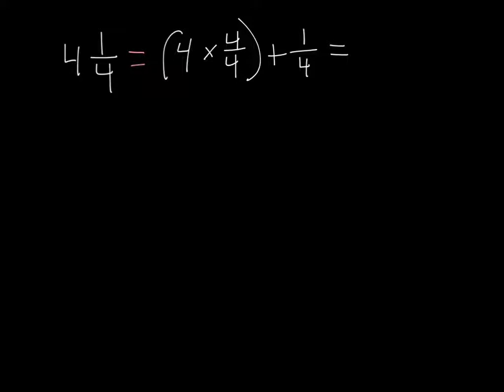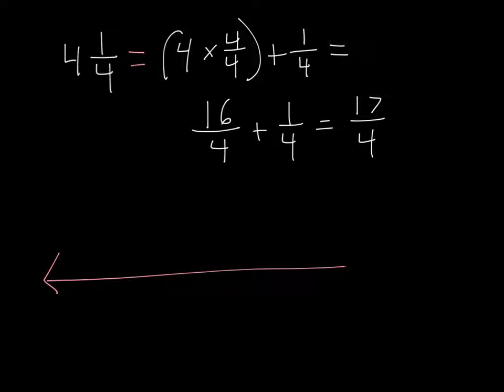When I'm multiplying, I look at my whole number, which is 4. My answer is still going to be fourths because that's the unit I'm working with. So 4 times 4 is 16. So this becomes 16/4. I'm going to add that to the 1 additional fourth, and I end up with 17/4.